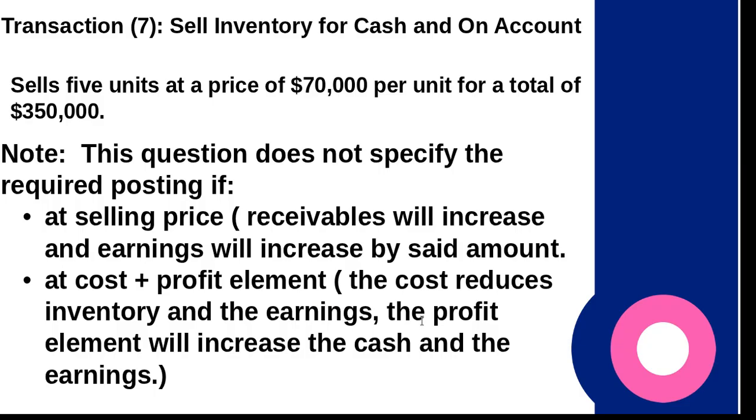All right, so look at this transaction 7. Sell inventory for cash and on account. So sell 5 units at a price of $70,000 per unit for a total of this. So here, this question does not specify the required posting. At selling price, receivables will increase. You know, it's on account.